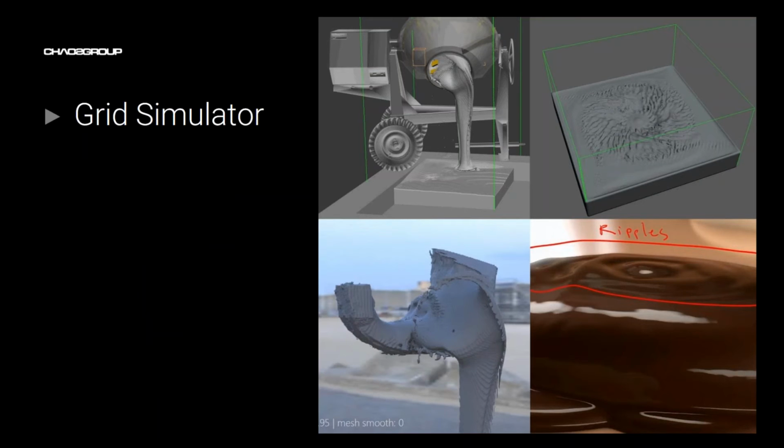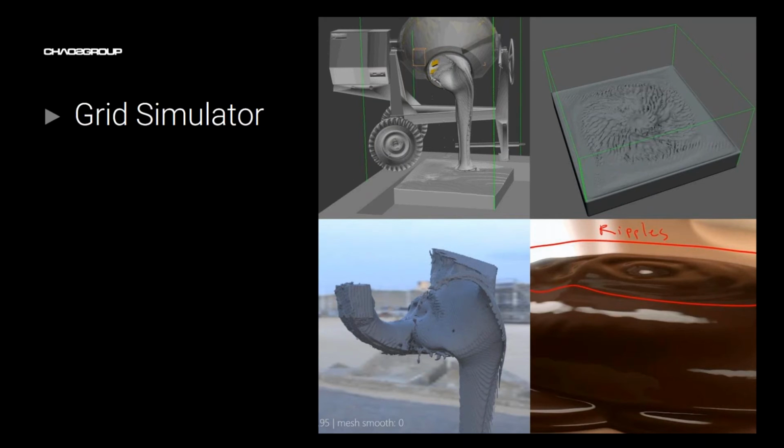So guys, before, Phoenix used the so-called grid simulator or grid solver to simulate both fire and liquids. And in most cases, it worked fine, but with very complex liquid simulations, like this one, for example, or that one, we were getting some artifacts, and you can see here, jagged edges.